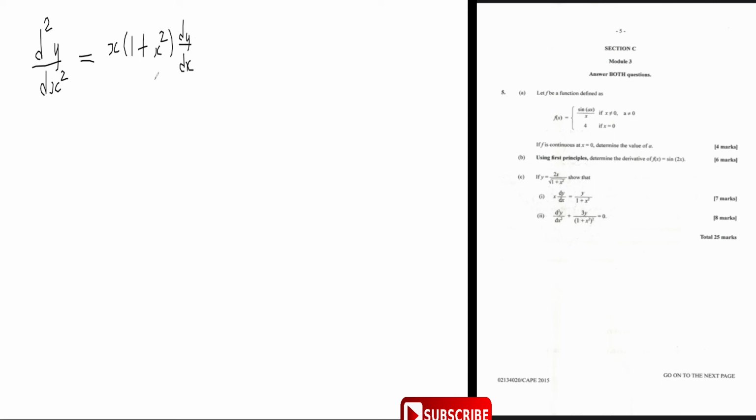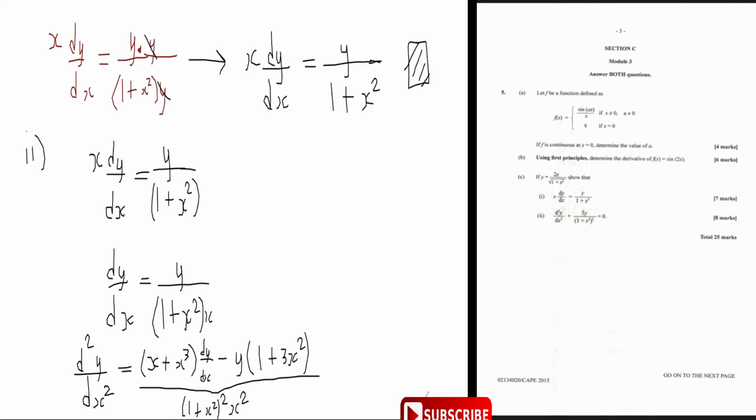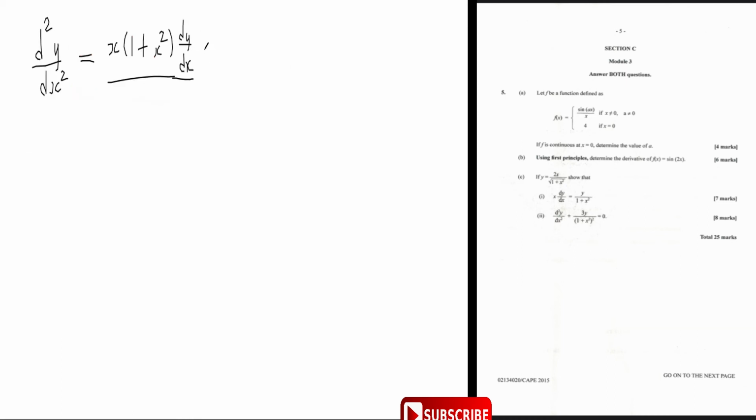And all of this is being divided by 1 plus x squared over x squared. I don't need to separate them yet. Let's just continue writing it out. So x times 1 plus x squared minus, I'm going to expand in with the y now.